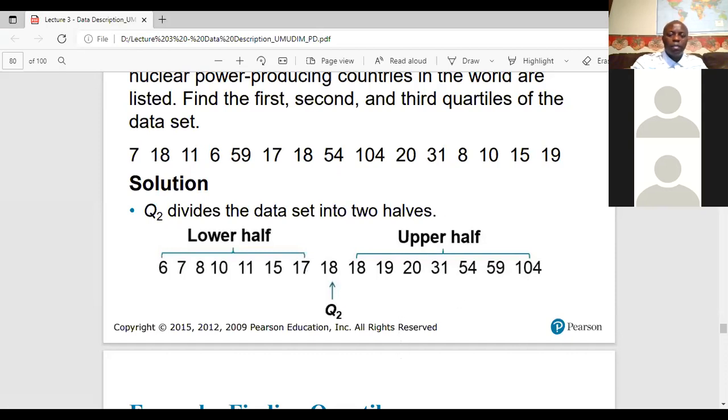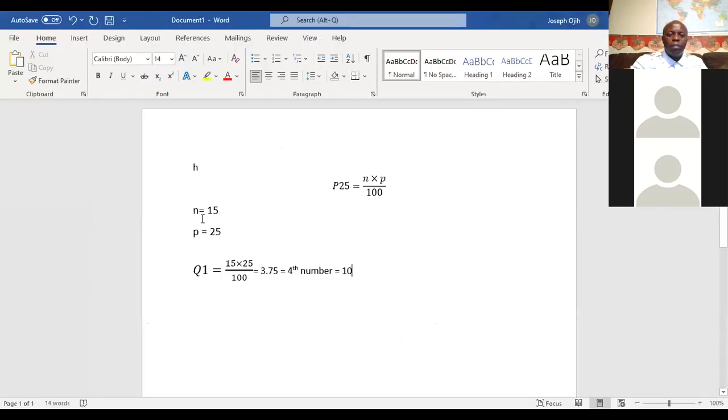That is your N. So N is 15. Then P is 25, because we are doing the first quartile. Once you put it in this formula, you get 3.75, which rounds up to the fourth number. And that is 10. So Q1 is 10.